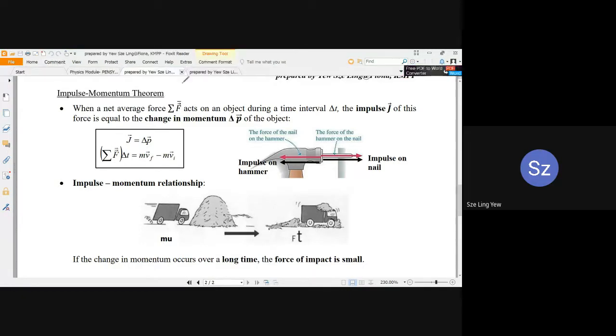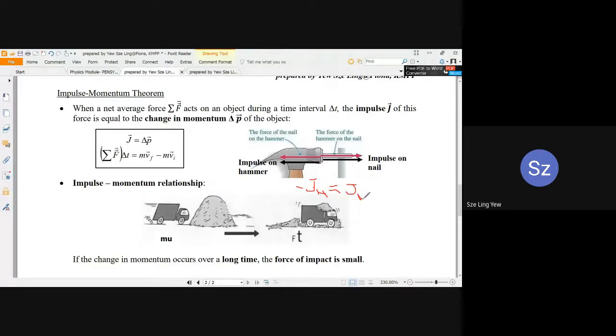So we have J hammer equals to negative, because the hammer is going left. So negative J hammer equals to positive J nail.